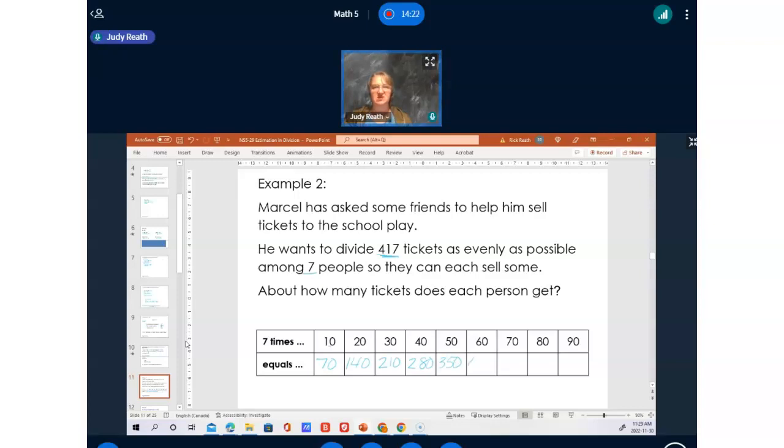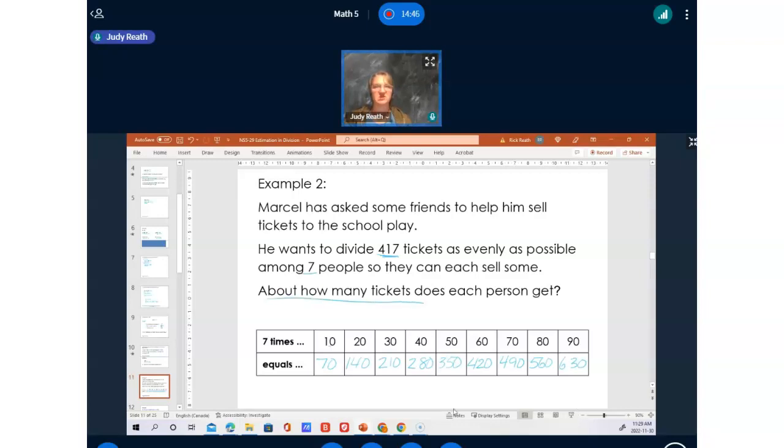7 times 6, 420. 7 times 7, 490. 7 times 8, 560. And 7 times 9, 630. So about how many tickets does each person get?